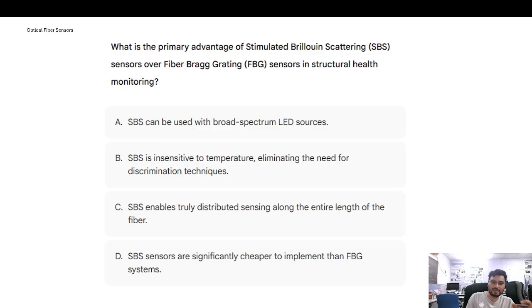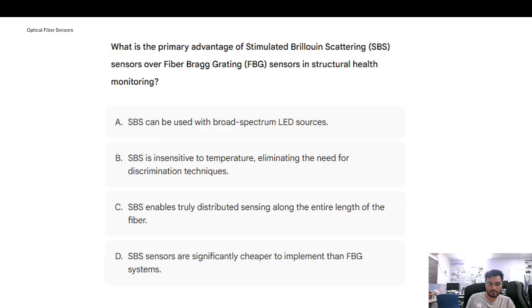Option B, SBS is insensitive to temperature, eliminating the need of discrimination techniques. Option C, SBS enables truly distributed sensing along the entire length of the fiber. Option D, SBS sensors are significantly cheaper to implement than FBG systems. Let me know your answer.